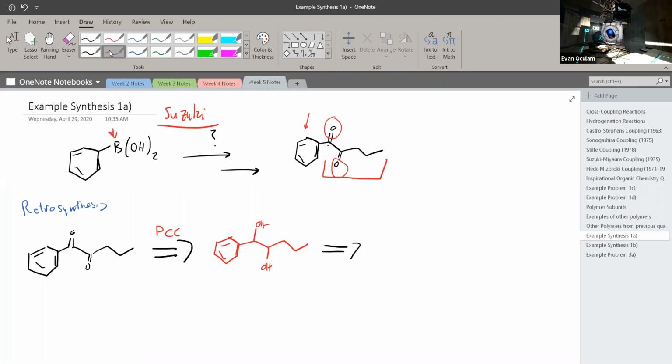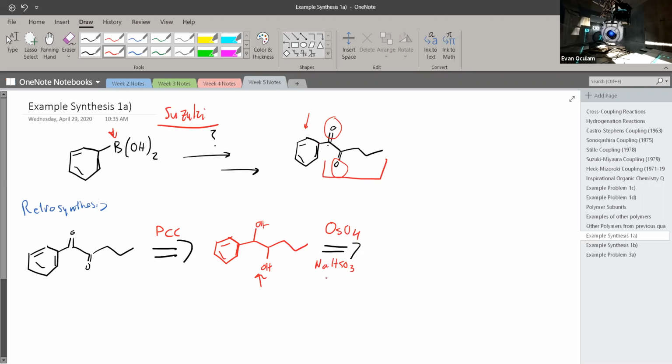Now, the real question is, how did we get these two OHs next to each other? If you think back to what we talked about in previous quarters, one of the best ways that we can add two OHs next to each other is by using osmium tetroxide and some sodium hyposulfite.